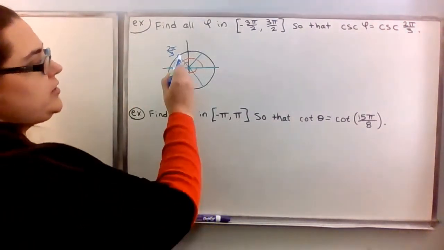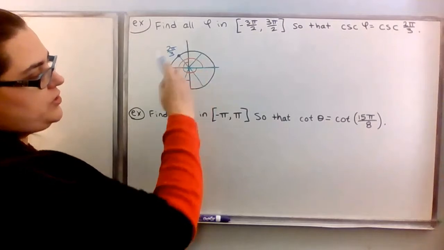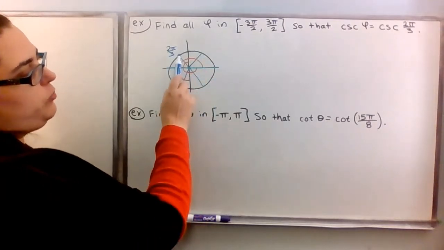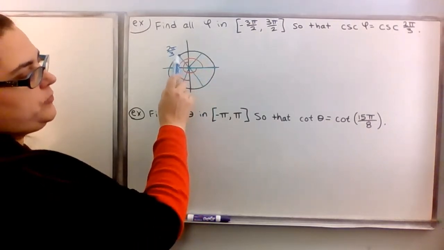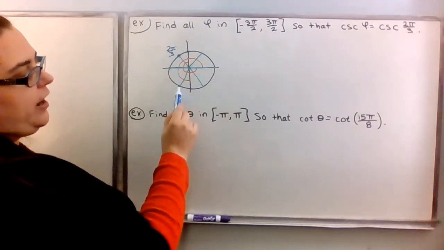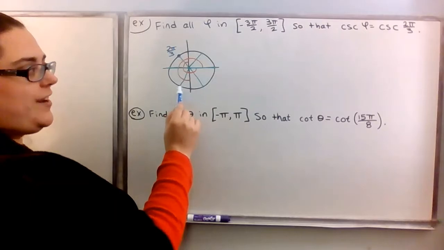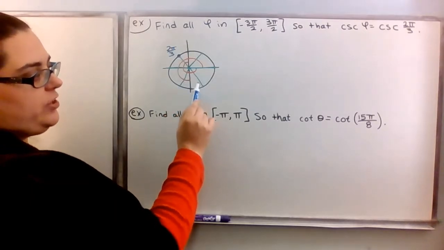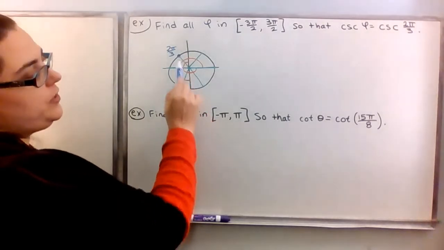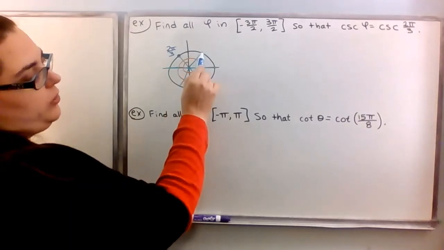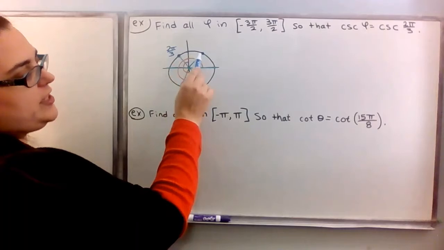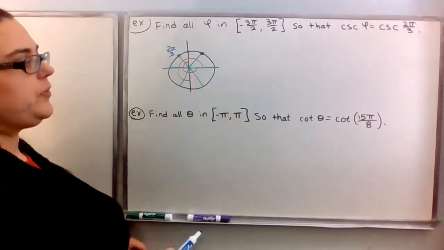So we want to find all of the other places of these green lines that will have the same y value as this point here. So if I were to reflect this down, it has the same x value, but now has the negative y value. So it's not this one down here, and it's not down here either, because those are both negative. So the only other line where it's going to have the same y value is over here, because both of these have the same positive y.